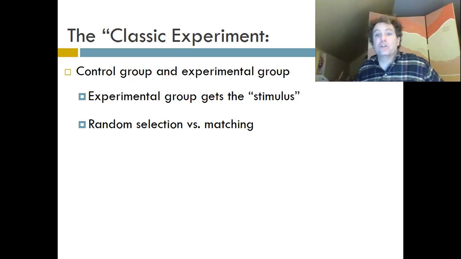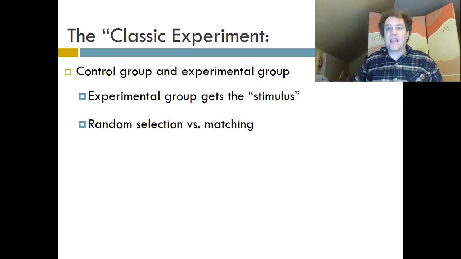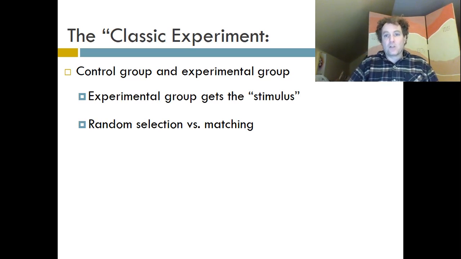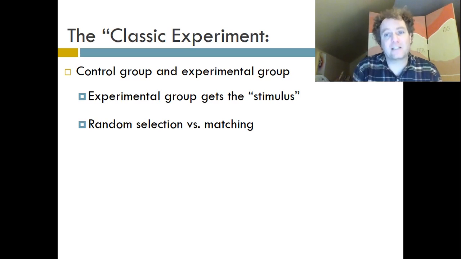Now, there's two ways you can do this, right? And again, this is a way that's maybe a little bit similar to sampling. So one way is just random selection, right? So in this way, you have a group of people, let's say like 20 people, and you just randomly select each person to be in the control group or experimental group.